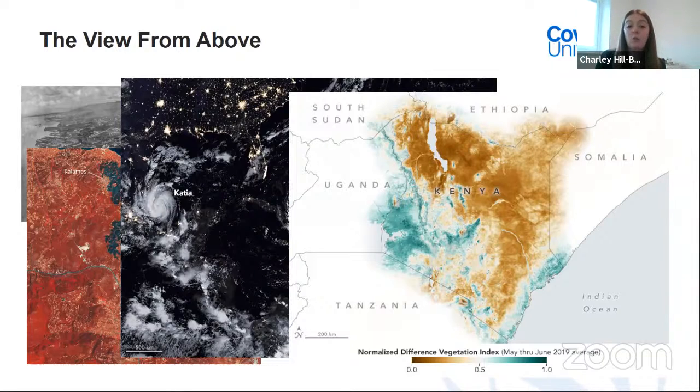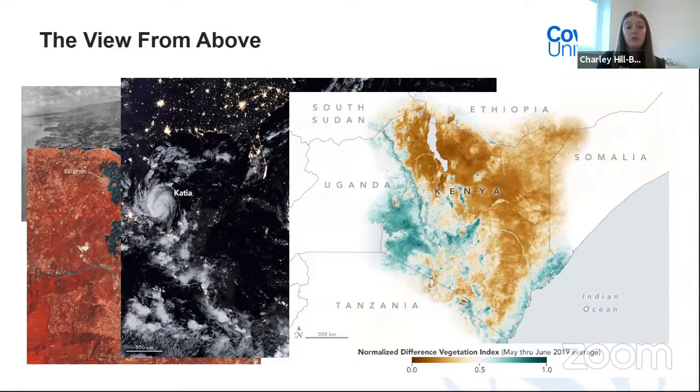And we can see that our western portions of Kenya are appearing to be more healthy than perhaps our northwestern portions of Kenya. So we can either use that satellite information, the image, interpreting the image and the changes within that image.